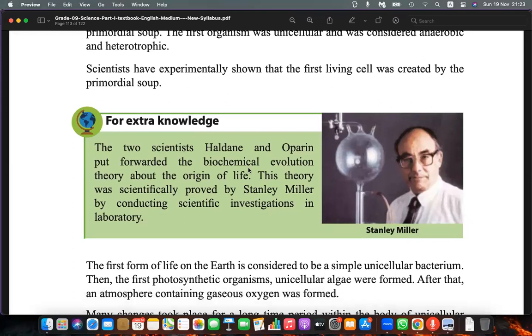The two scientists Haldane and Oparin put forward the biochemical evolution theory about the origin of life.